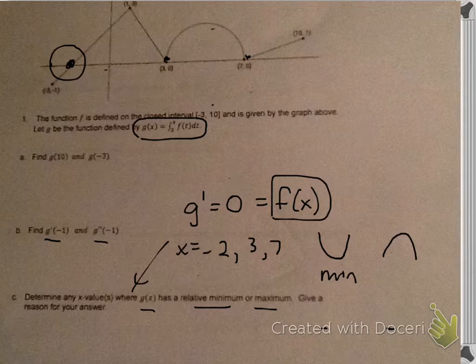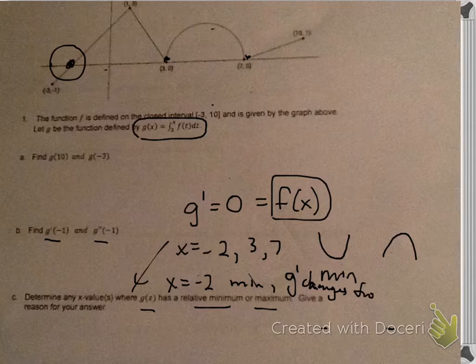So you would say at x equals negative 2 there's a min, and your reason is that g prime changes from negative to positive. That's always your reasoning, whether you're looking at the graph of the slope or a graph which represents the slope.